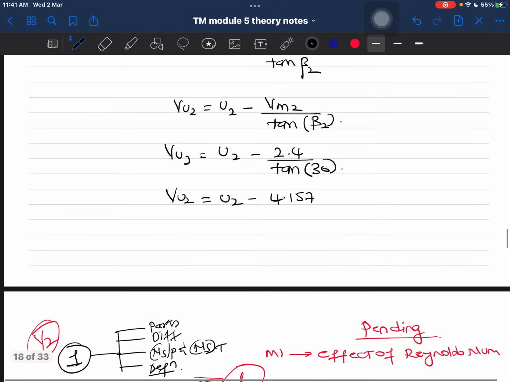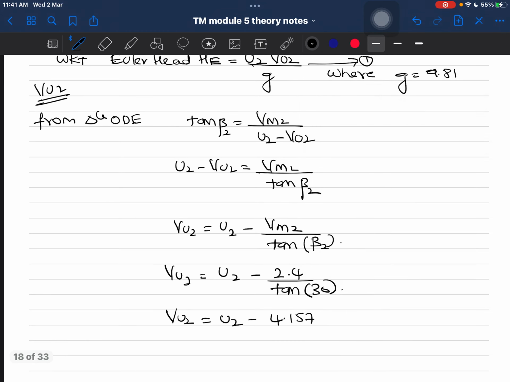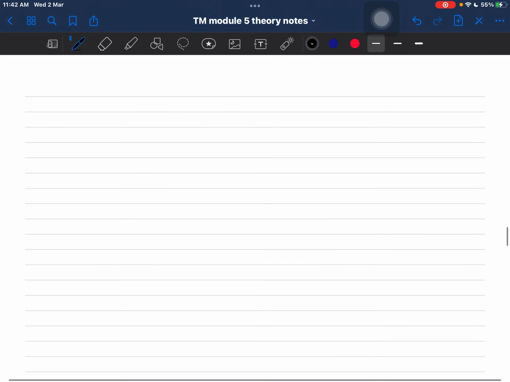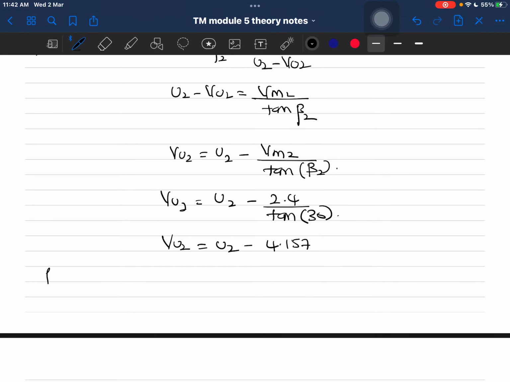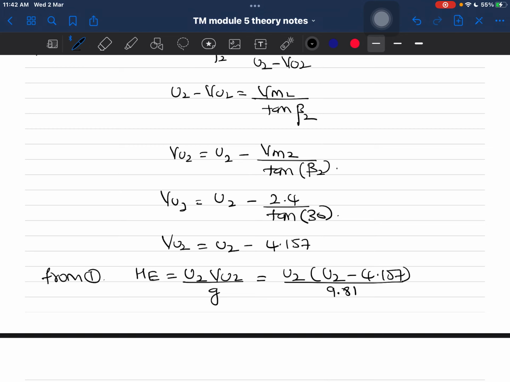So from 1, what I have is HE equal to U2 Vu2 divided by g. So that is equal to U2 into (U2 minus 4.157) divided by g. g is again 9.81.